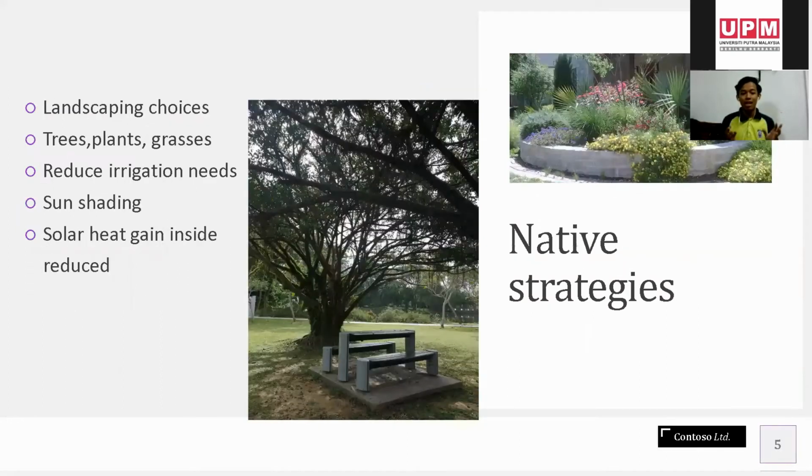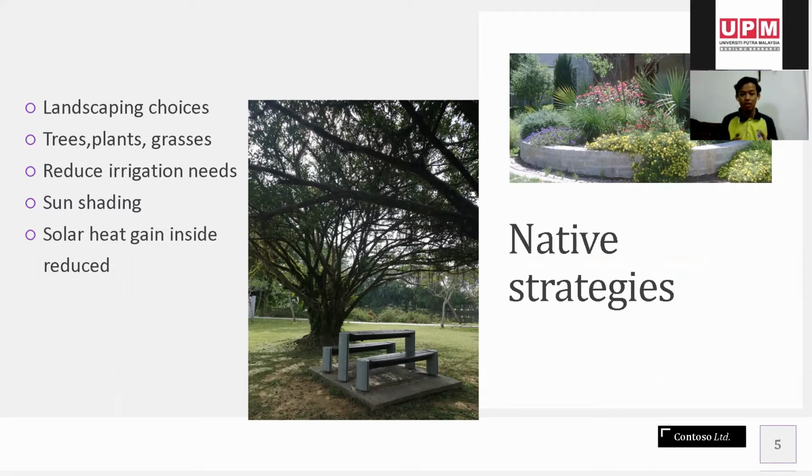So next is about native strategies. What the audience wants to know is that the native strategy is the landscaping choice on how the building can be oriented at the site.